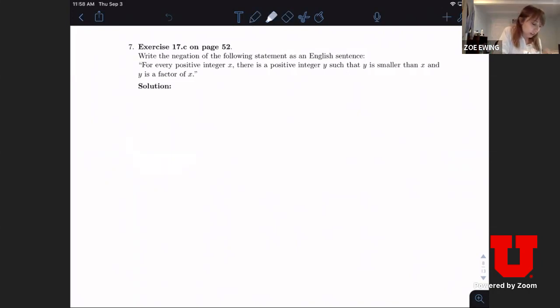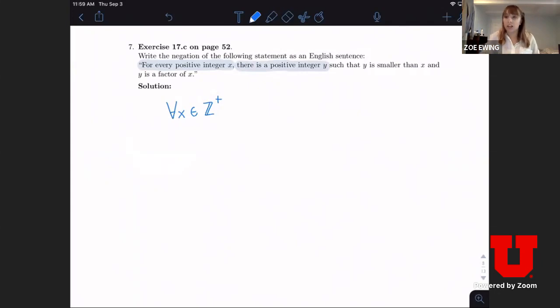First one says for every positive integer x. So for every translates to for all. So for all x in the set of positive integers, and you can write that with just the integer symbol and a plus. And then we see there is a positive integer y.